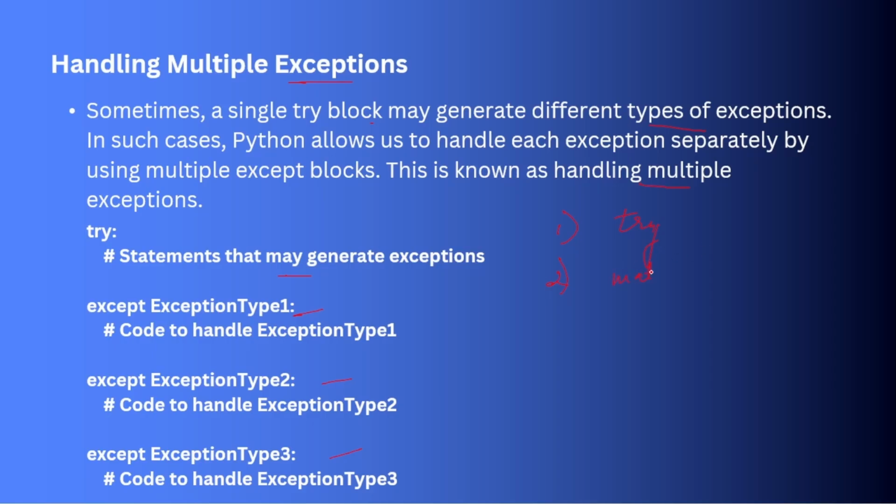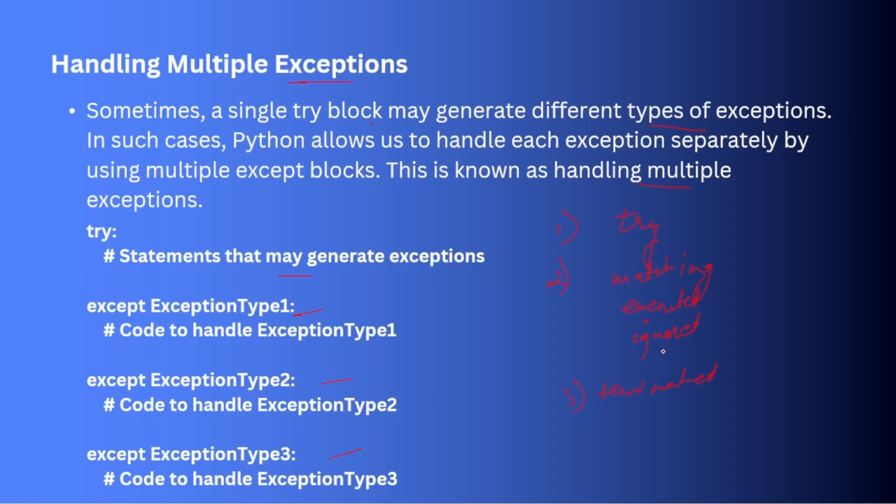It will search for the matching except block. The matching except block is executed, and the remaining except blocks are ignored. And if no matching except block is found, then the program is terminated. So this is how it works.